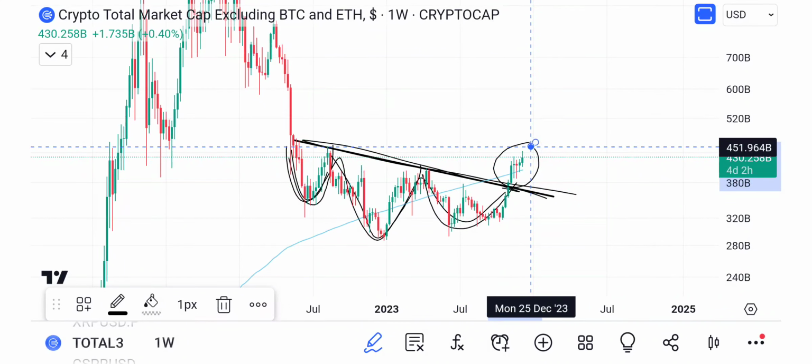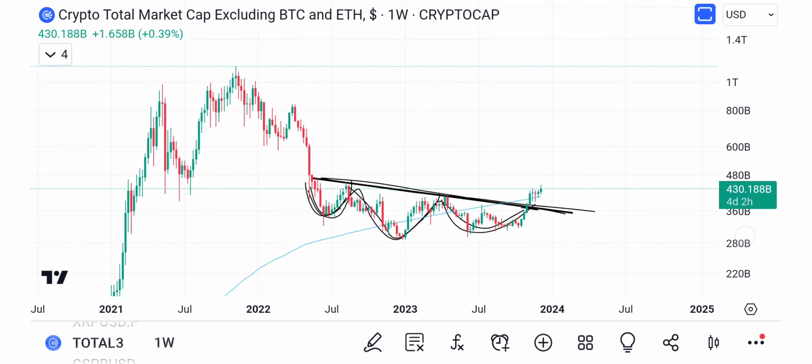We break out. Now, a lot of people like to mock head and shoulders patterns and things like that. But remember, sometimes the simplest thing is usually the answer, right? Occam's razor is a good example. Sometimes the simple thing is the answer. I'll give you an example.